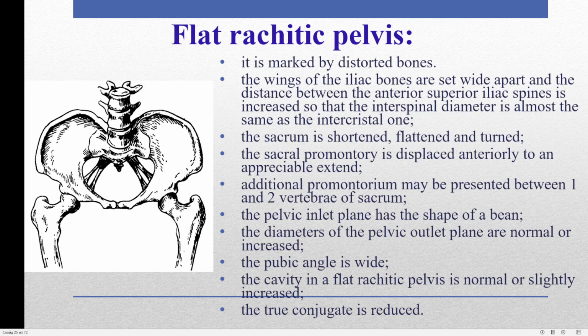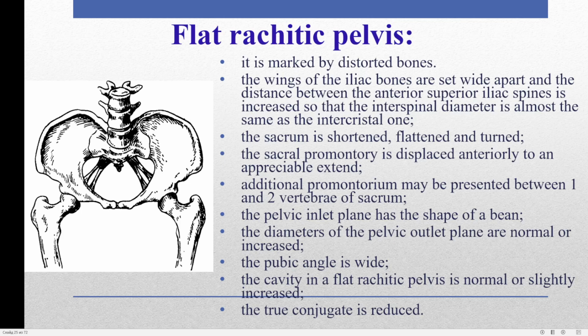Flat rachitic pelvis. It is marked by distorted bones. The wings of the iliac bones are set wide apart, and the distance between the anterior superior iliac spines is increased so that the interspinous diameter is almost the same as the intercristal one.